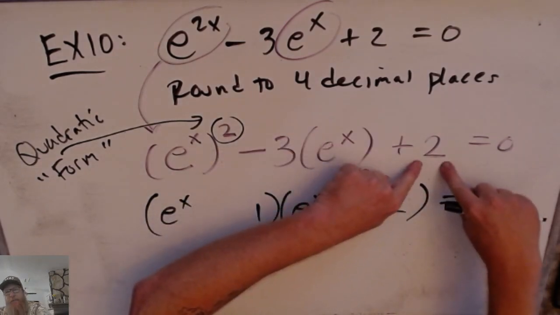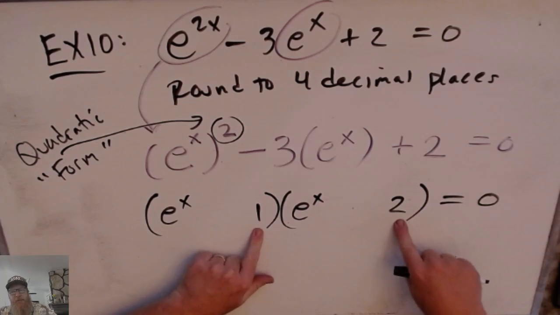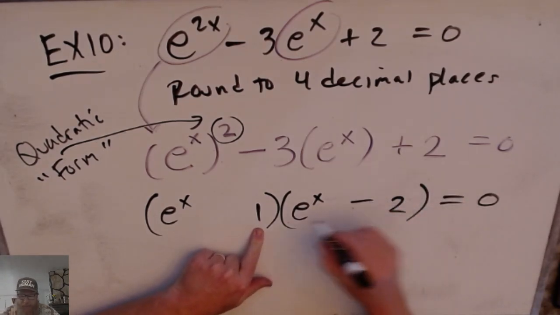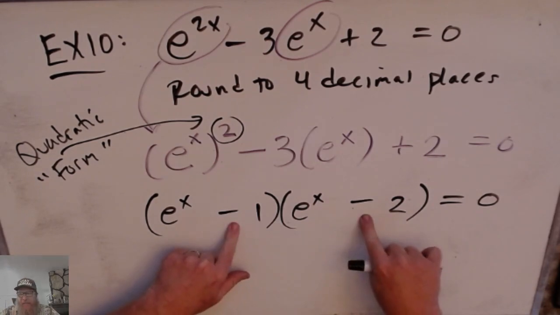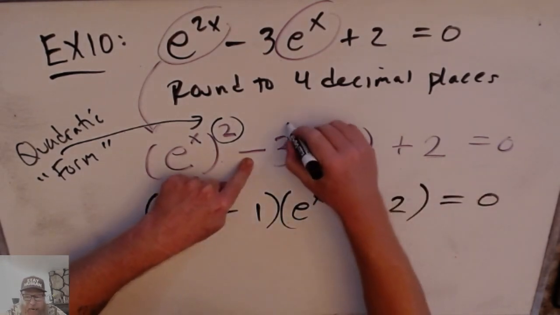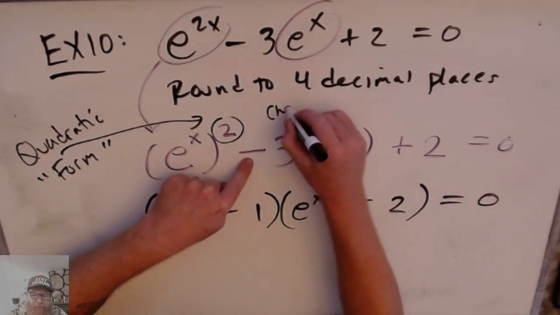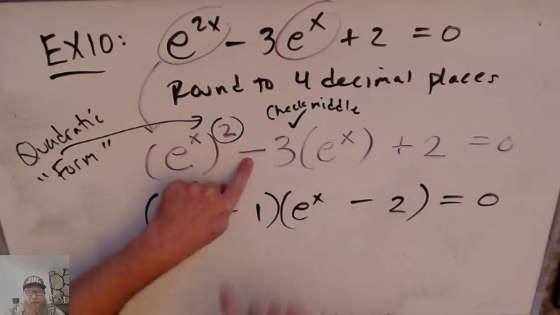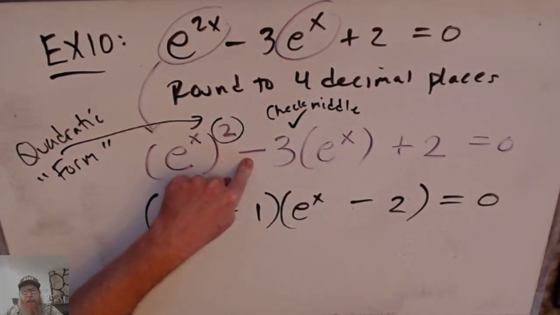And then I always ignore the middle number. Look at the last number, 2. So 1 times 2. I want it to be a positive, so I'm going to make these both negative. Negative times a negative is a positive. And then the middle number, I always check to make sure that it comes out to be negative 3. And it does.